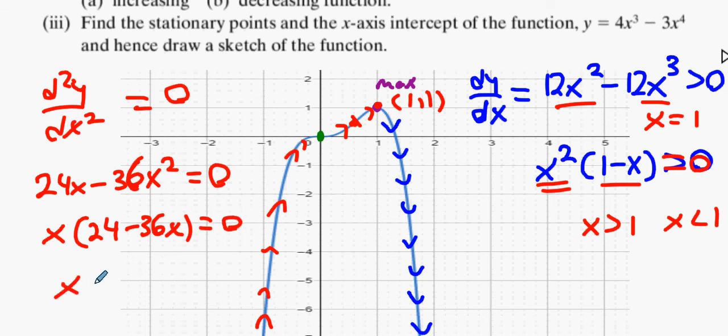That's x equals 0 for one of the saddle points. Do we agree with that one? And then what's the other one? 36x equals 24 and x will equal? Yeah. There's the second one there, wasn't it? There's two of them. There you go, done.